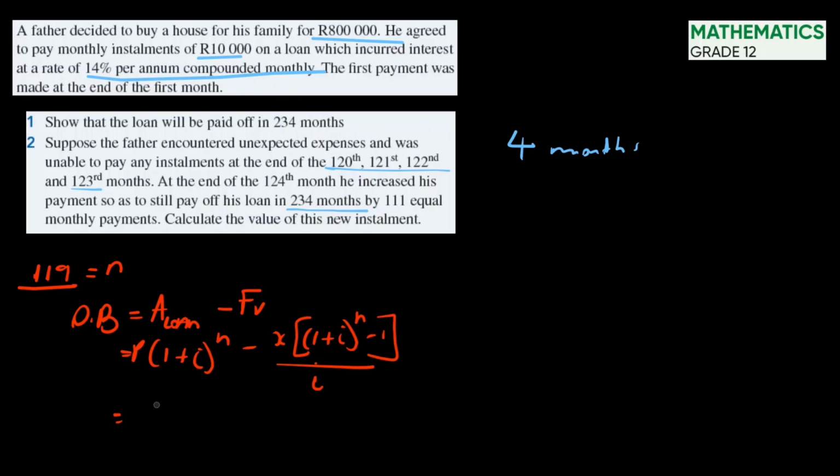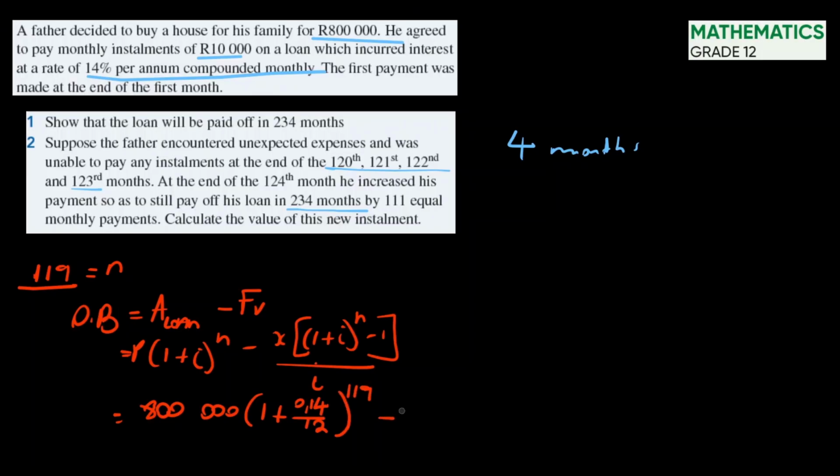Our principal amount, remember, is 800,000, times (1 plus our interest, 14% divided by 100, which is 0.14, all divided by 12), to the power of our n value, which is 119.